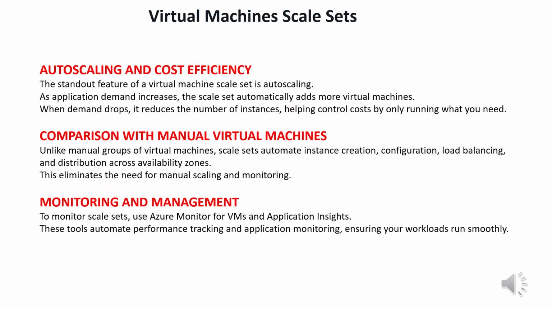Unlike manual groups of virtual machines, scale sets automate instance creation, configuration, load balancing, and distribution across availability zones. This eliminates the need for manual scaling and monitoring. Monitoring and management. To monitor scale sets, use Azure Monitor for VMs and Application Insights. These tools automate performance tracking and application monitoring, ensuring your workloads run smoothly.